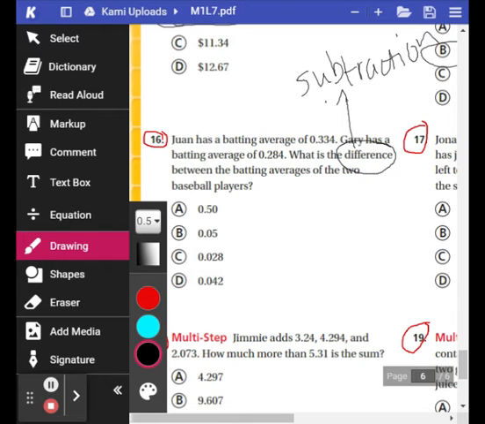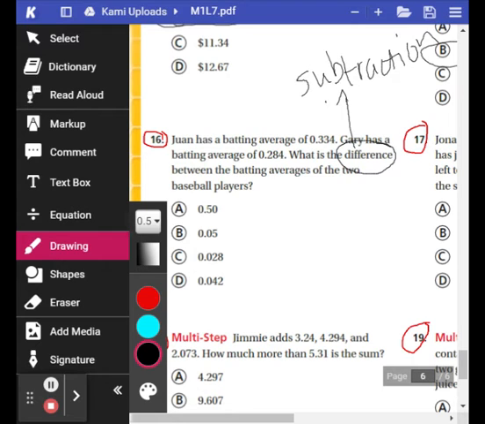So let's come over here. I'm going to move this up. So one of the batting averages, remember the larger number on top is 334. It did that to me. I need to delete this. Let's start again.